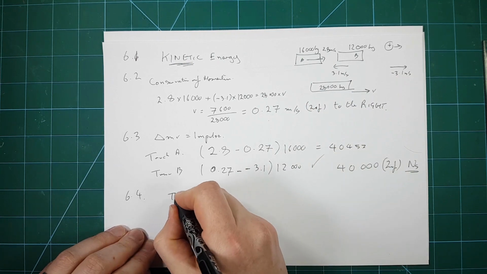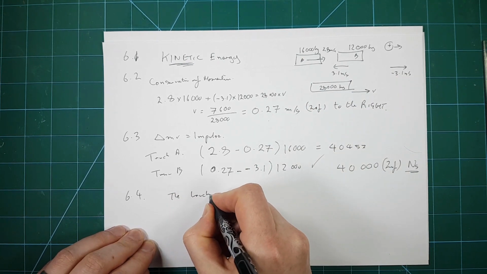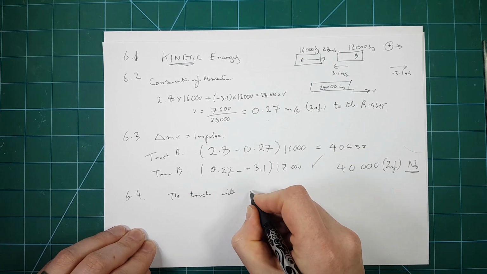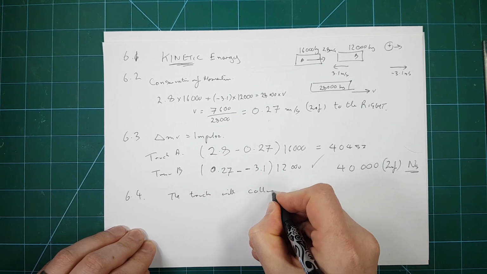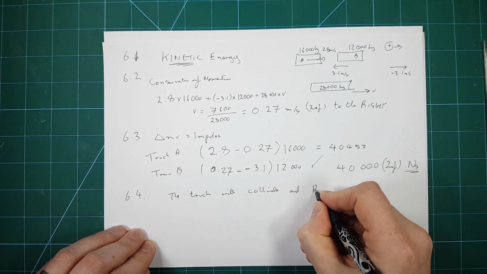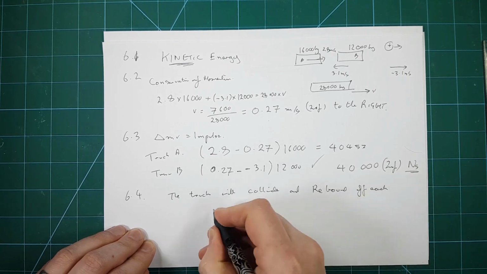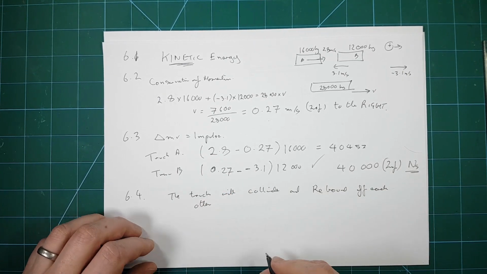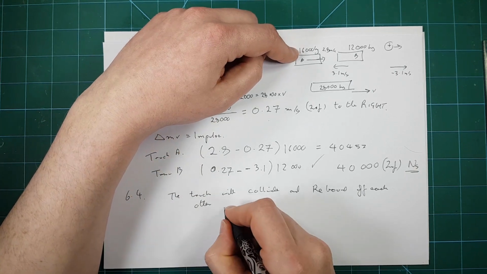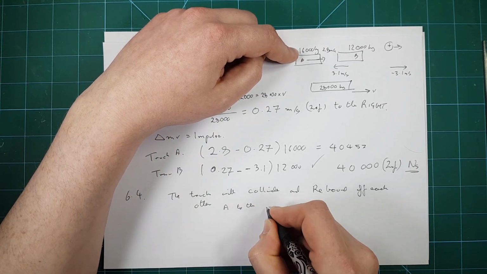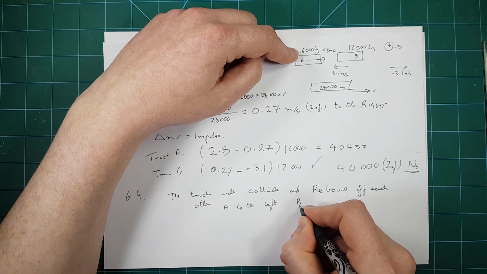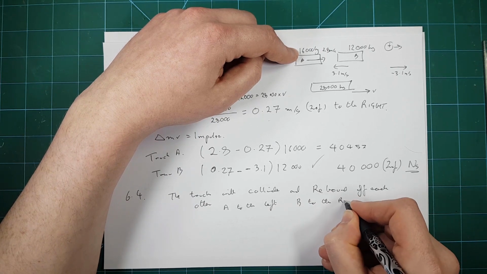Right, so the trucks will collide and rebound off each other. So A to the left and B to the right.